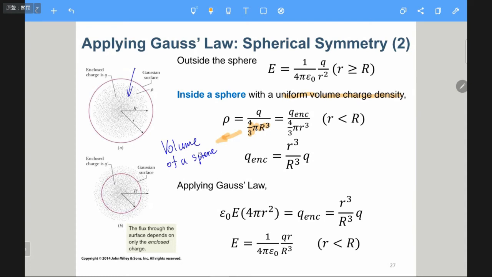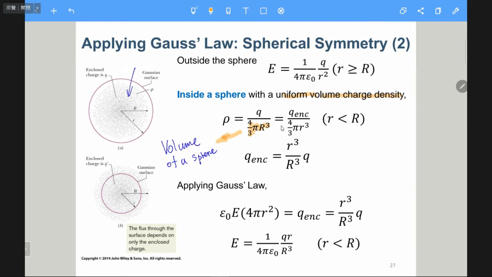So here, as much as the charge density is uniform, we have Q enclosed by this Gaussian surface to be Q, times the volume enclosed by this Gaussian surface, 4/3 pi small r cubed, over the total volume.